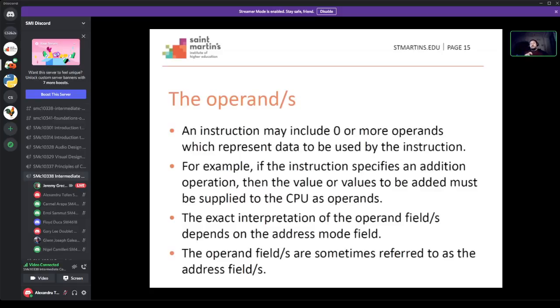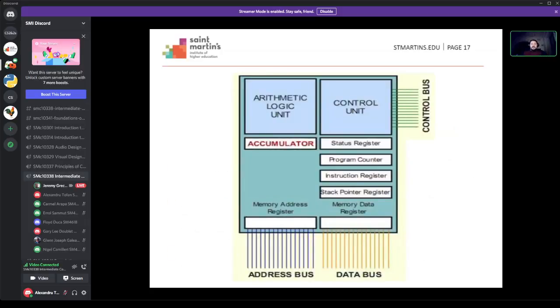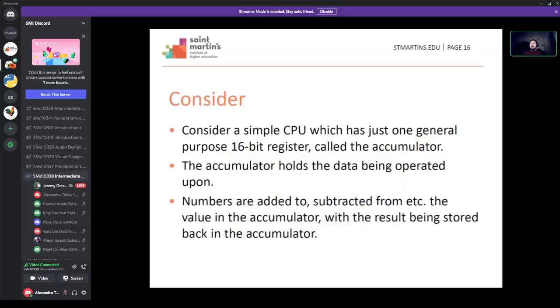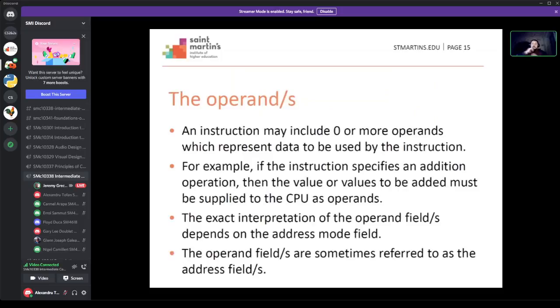So sometimes we might need to differentiate whether we are going to be talking about an immediate addressing or a direct addressing, as we're going to be seeing. All right, in fact, immediate addressing, essentially, as we're going to be seeing in a moment, means that the value that I'm going to pass to you right now as an operand is the actual data that you're going to be using.